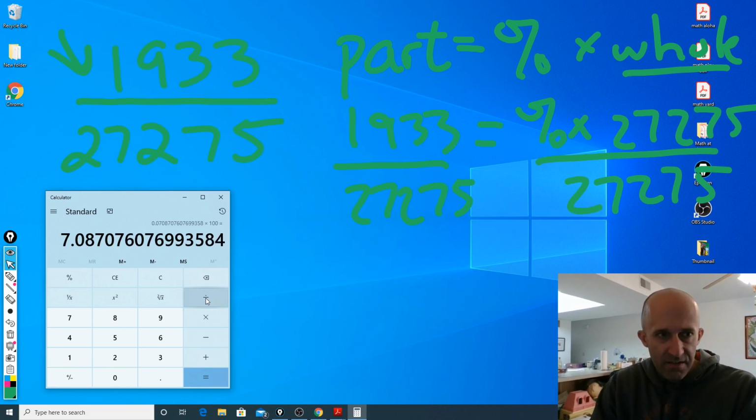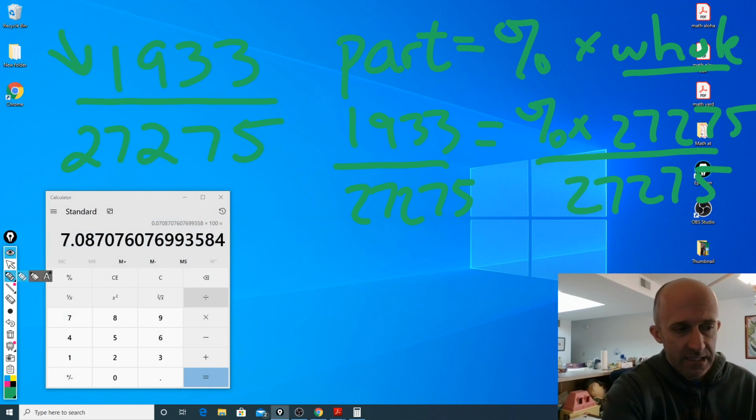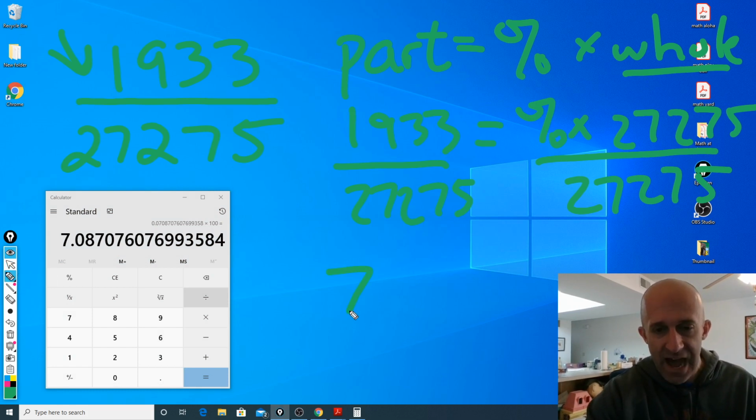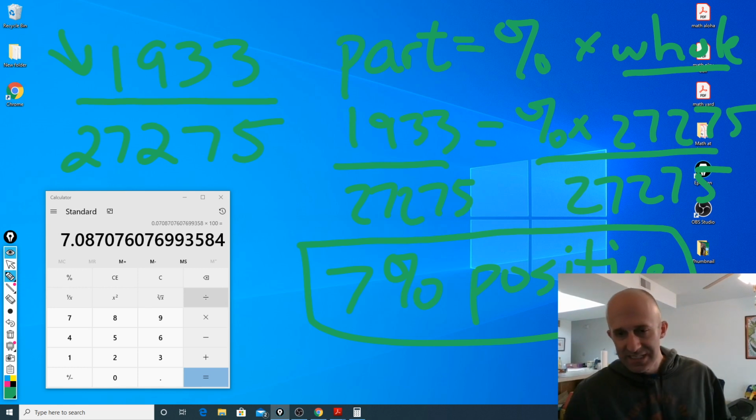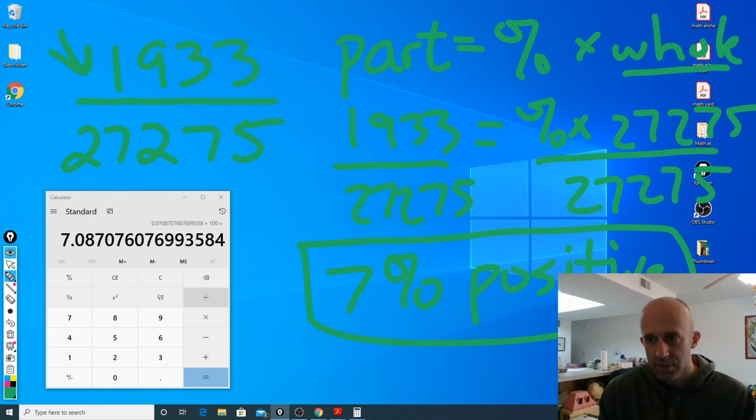You can then find out that the percent of total tests that were positive is about a 7% positive rate. So out of the amount that was tested, that was a 7% positive rate.